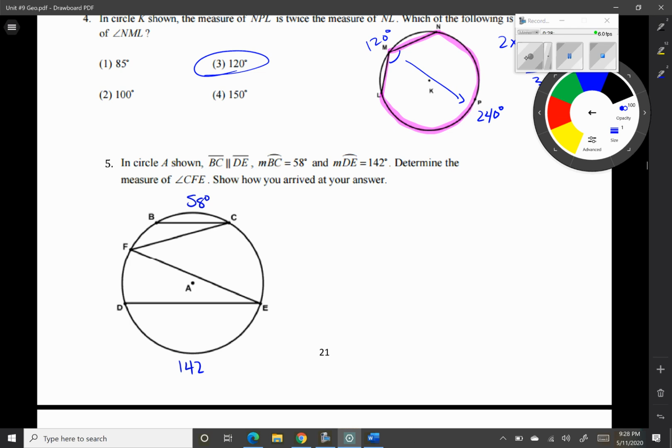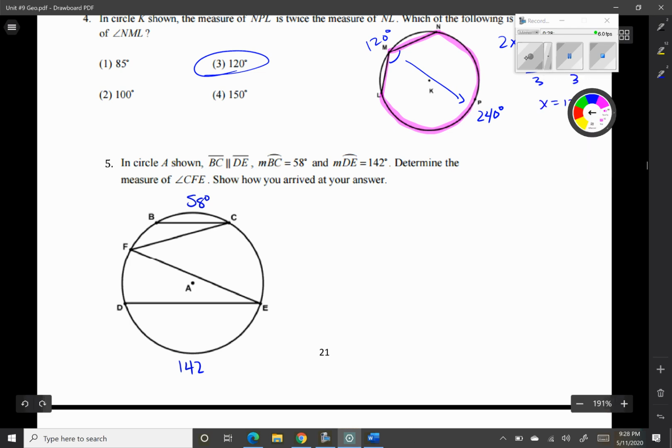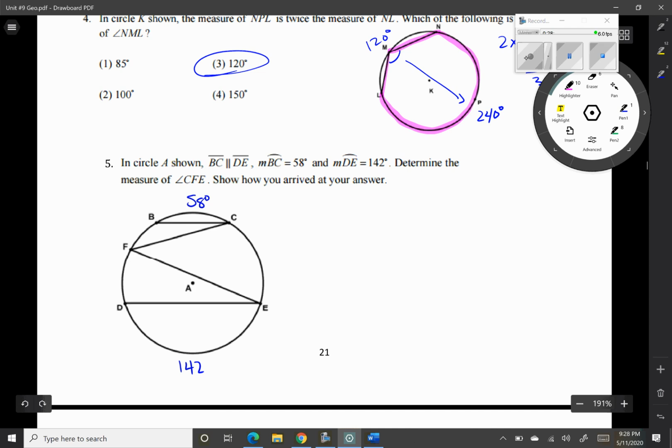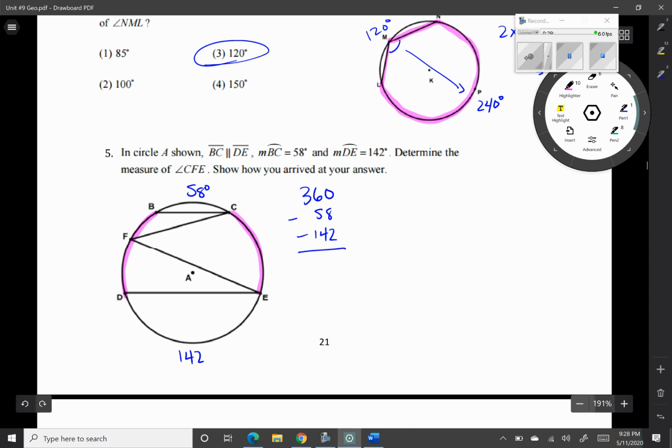Well, something that we know, because of the parallelness of BC and DE, is that this arc is the same size as this arc. They have to be because of the parallel chords of BC and DE. So if I start the problem by taking the total circle of 360, subtract 58, and subtract 142, that's going to leave me with 160.